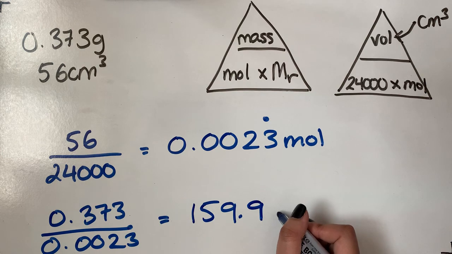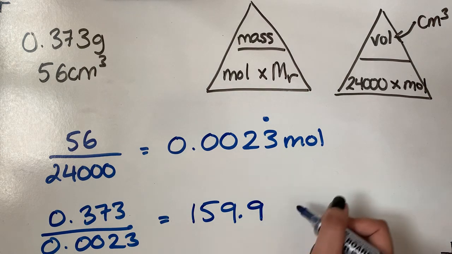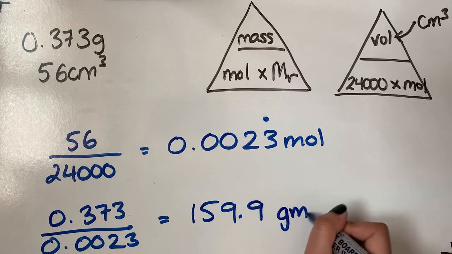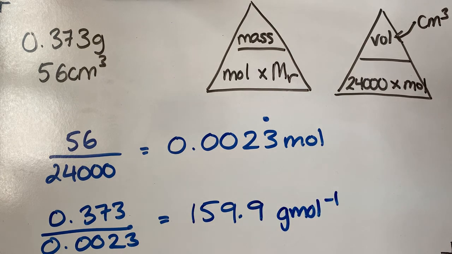The units for molecular mass, you don't have to put the units in, but they are technically grams per mole. And that should be enough information to have you working through the rest of exercise 12.